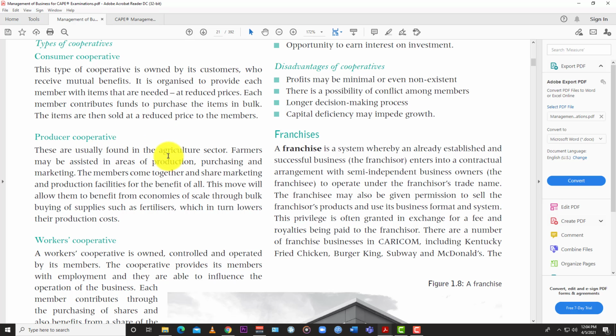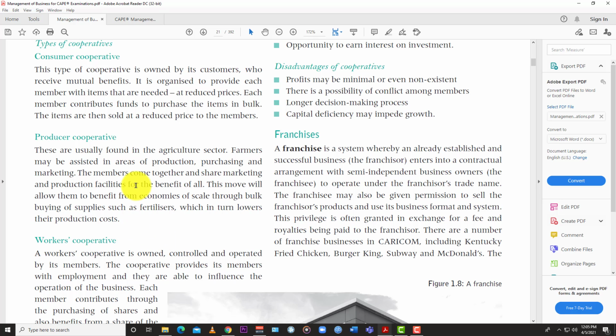These are usually found in the agricultural sector. Farmers may be assisted in areas of production, purchasing, and marketing. The members come together and share marketing and production facilities for the benefit of all. This move will allow them to benefit from economies of scale through bulk buying of supplies such as fertilizer, which in turn lowers their production costs.